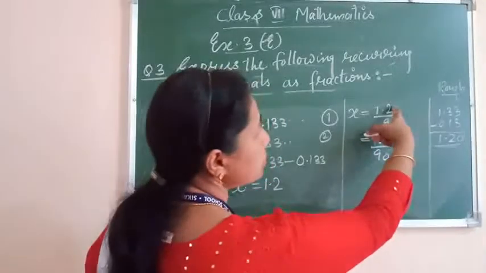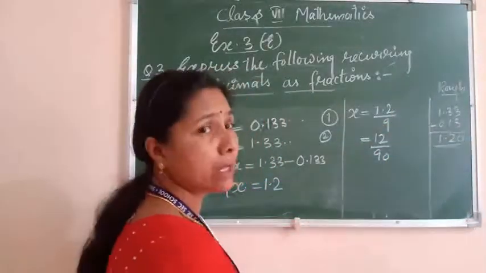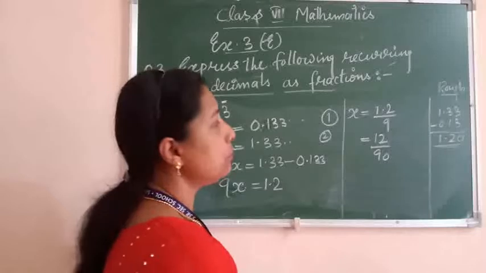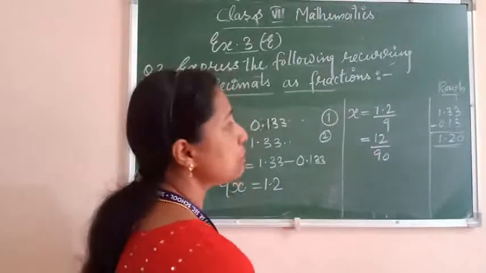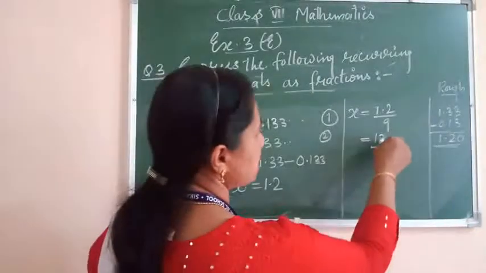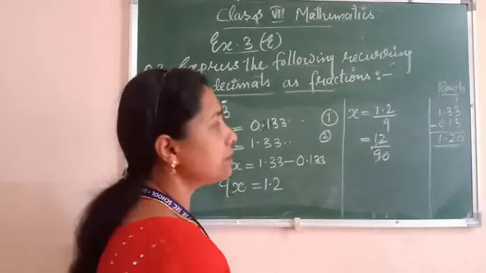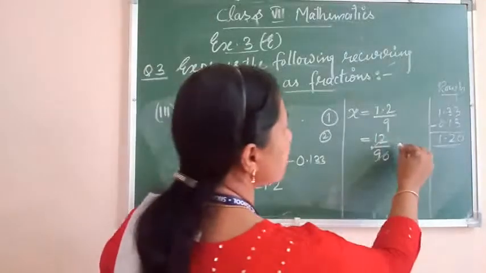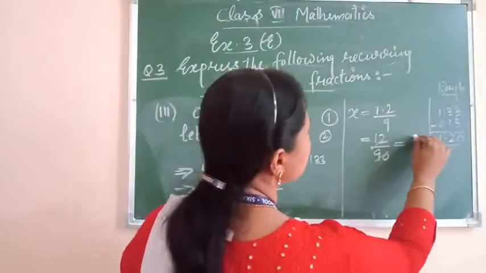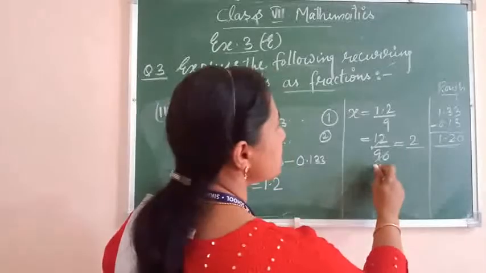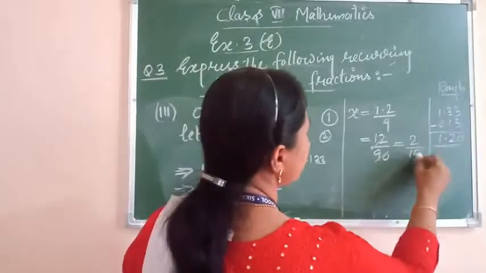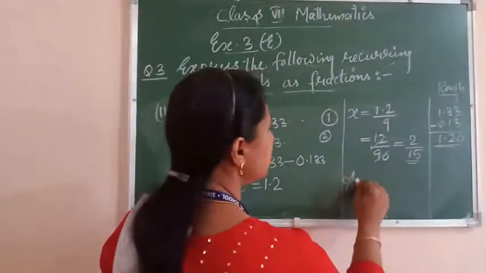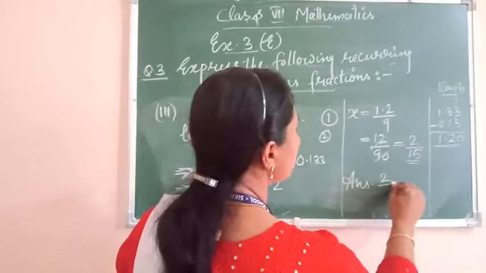Here both numerator and denominator we multiplied by 10 for removing the point, and you got 12 upon 90. Now you can reduce this fraction. Both numbers you can divide by 6. 12 divided by 6 is 2, and 90 divided by 6 is 15. 15 sixes are 90. Here you got the answer, and the answer is 2 upon 15.